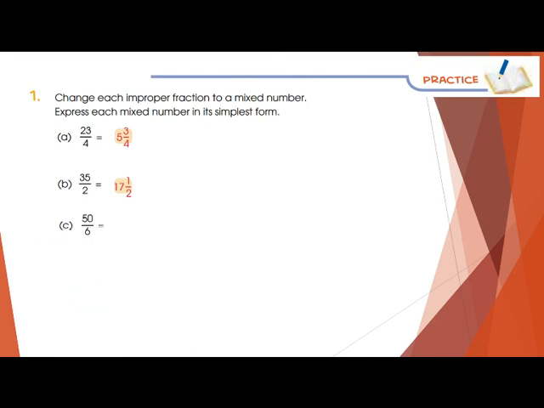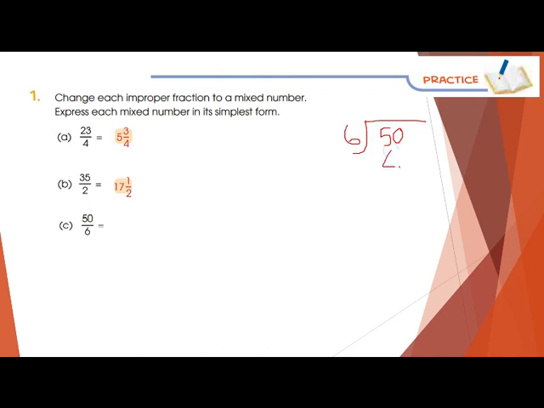Okay class, now we have the C part which is 50 upon 6. How you can do? Simply again read the table of 6 to get the 50. We know that 50 is not possible, so we will read the table up to nearest up to 50. So what it will be? 6 1s are 6, 6 2s are 12, 6 3s are 18, 6 4s are 24, 6 5s are 30, 6 6s are 36, 6 7s are 42, and 6 8s are 48.